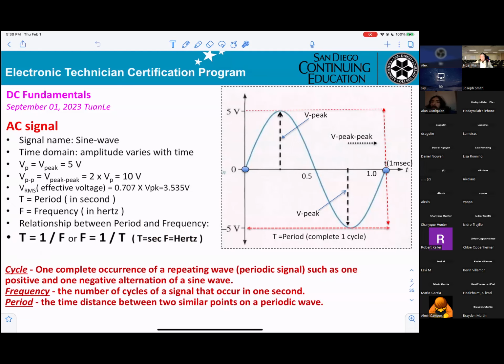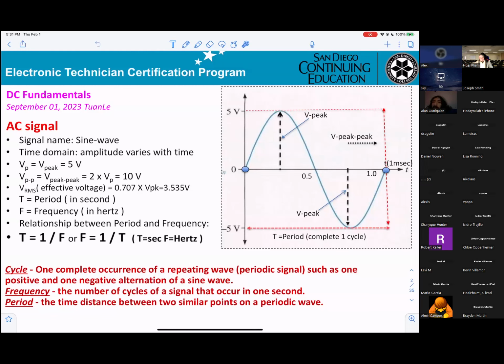Okay? So, whenever you're looking at this signal, you're able to recognize what the V peak is, what the V peak to peak is. How can we get the V RMS or effective voltage? How do we get the period? And how do we get the frequency? Okay, that's what we wanted.